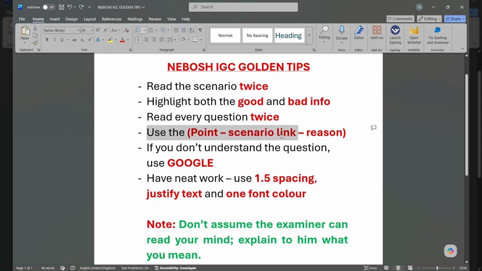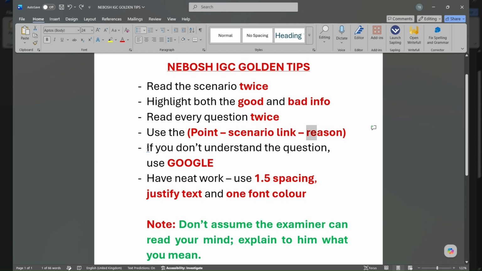Use the point, scenario, link, reason technique. Do not just write health and safety knowledge. Always make sure your answer contains the point you are making, the link to the scenario, the reason or explanation showing why it is important. Remember, NEBOSH rewards application, not just memorized information from your course notes.